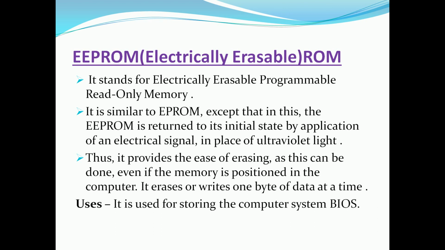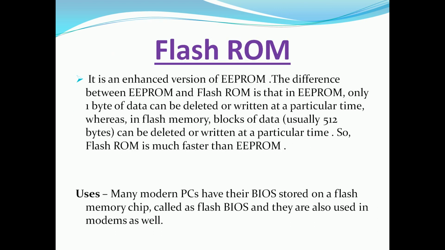Then the last type of ROM is flash ROM. It is an enhanced version of E2PROM. The difference between E2PROM and flash ROM is that in E2PROM, 1 byte of data can be deleted or written at a particular time, whereas in flash memory, blocks of data, usually 512 bytes, can be deleted or written at a particular time.